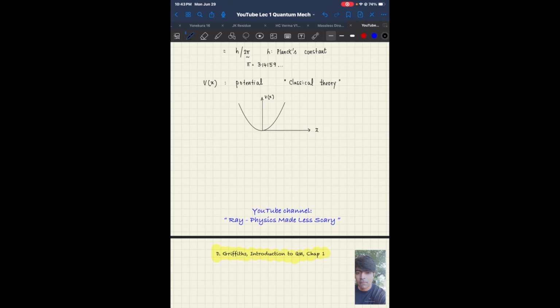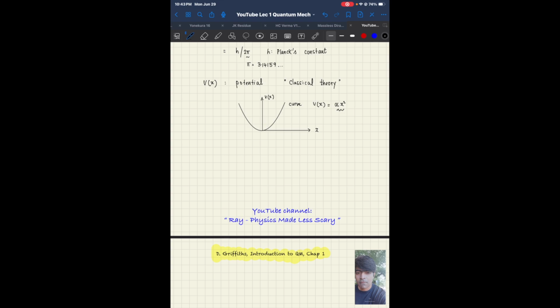And this curve has an equation, say V of x equals some constant times x squared, right? So it's a confining potential. What does a confining potential mean?